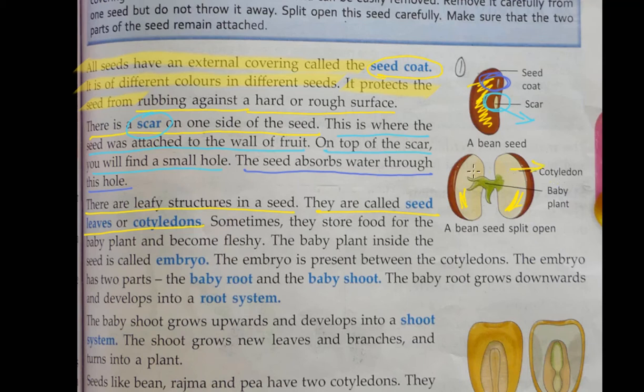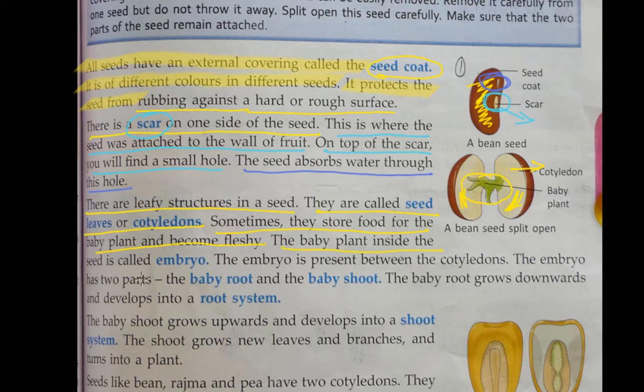Here we have two cotyledons, one on either side. Sometimes they store food for the baby plant and become fleshy. They give food to the baby plant. See, the baby plant is here, it is growing up. So where does it get food? It gets food from the cotyledons.